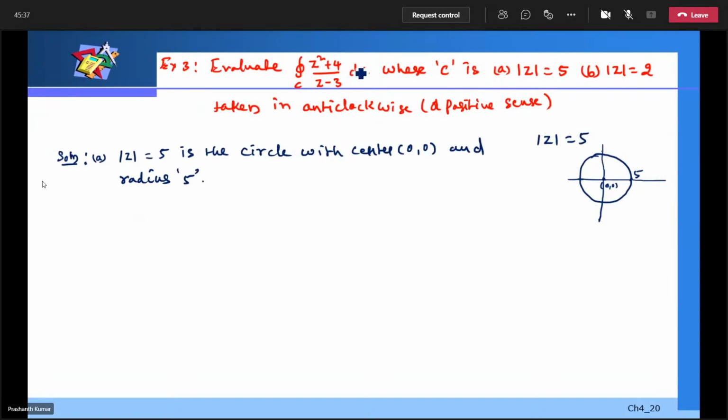Here you see that f of z is an analytic function. Definitely, z square plus 4 is a polynomial function, differentiable everywhere, and also it is satisfying the CR equations. Therefore, it is an analytic function.